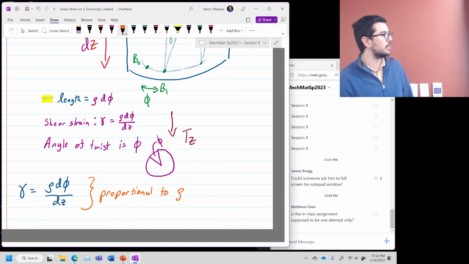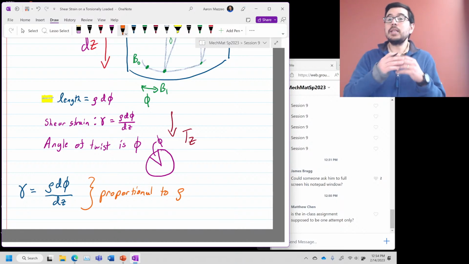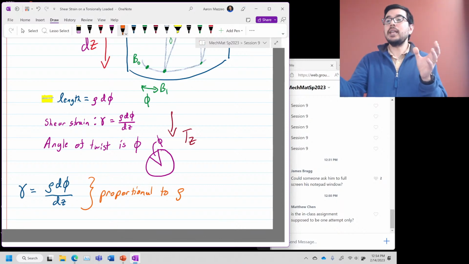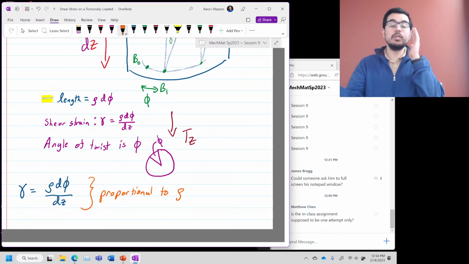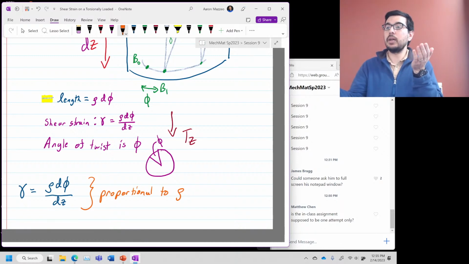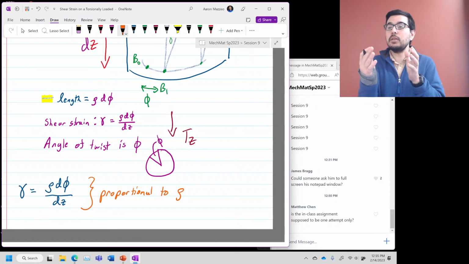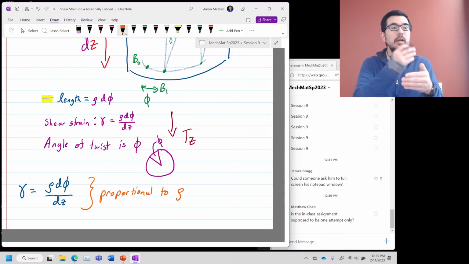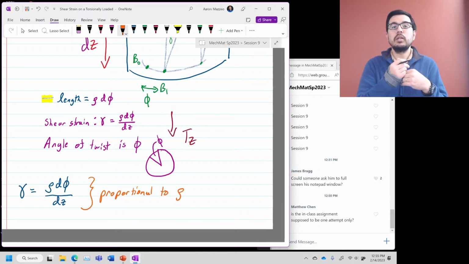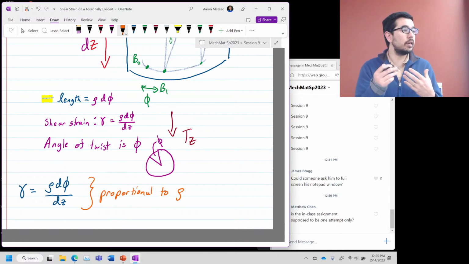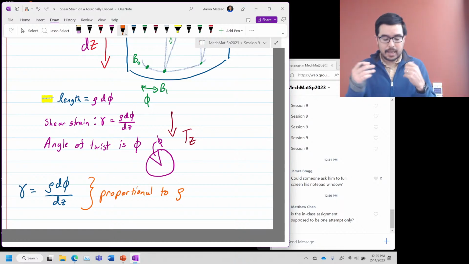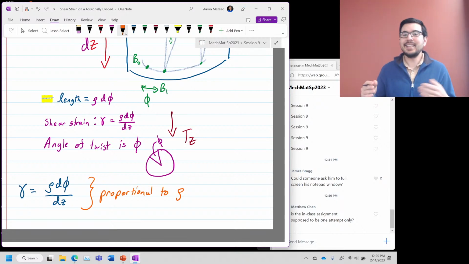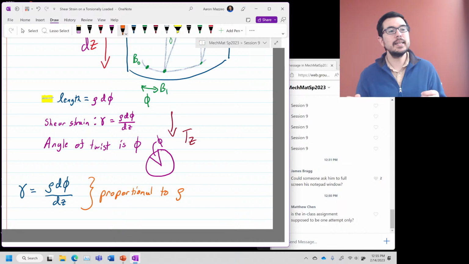Okay, that makes sense. So what does that mean? That means that if rho is equal to the radius of your shaft, it's going to be at a max. And if rho is equal to 0, your shear strain is 0. So it's dependent on where you are relative to the center line of your shaft. The other thing we see is, yes, it's proportional to d phi dz.